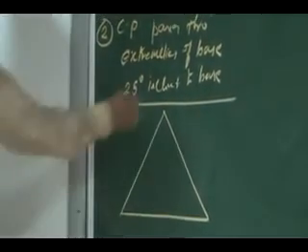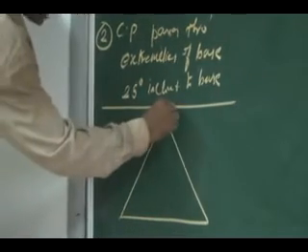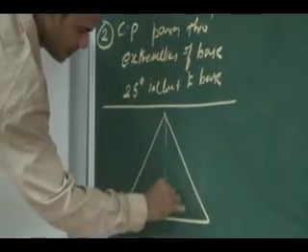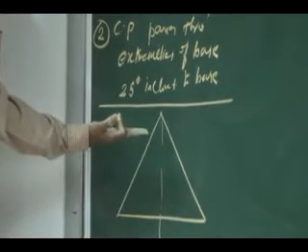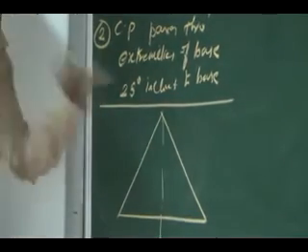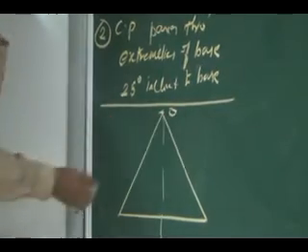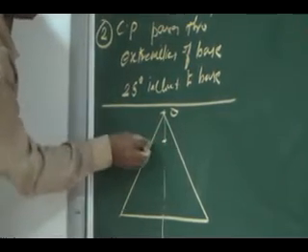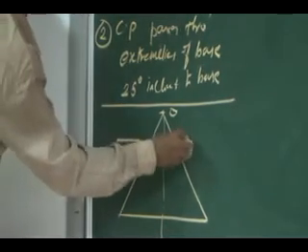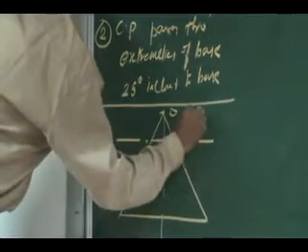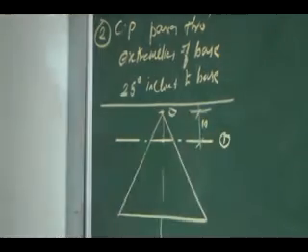The first cutting plane cuts parallel to its base and perpendicular to the axis, 10 mm away from the apex. This is my apex, and 10 mm from it the first cutting plane cuts like this. So this is my first cutting plane.